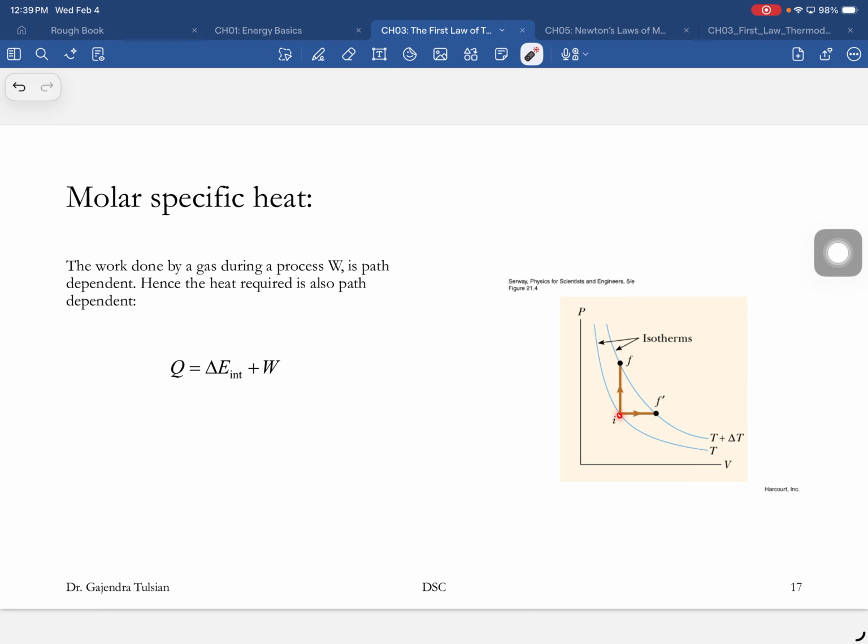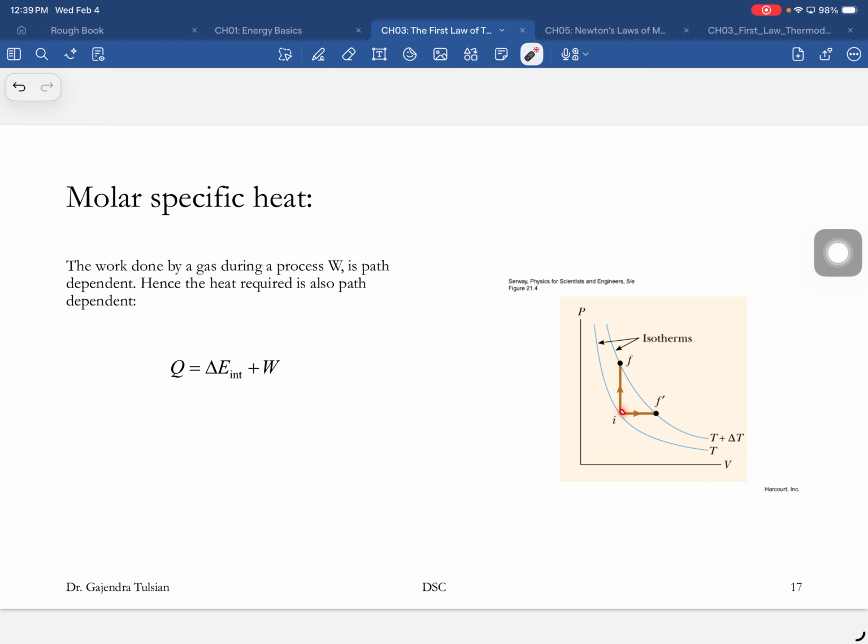Now, if you go along this path or go along this path, where do you add more heat? So that's what this equation is telling you. The heat added is the internal energy increase, which is how much energy increase for each molecule, plus any work done in the process. Okay.